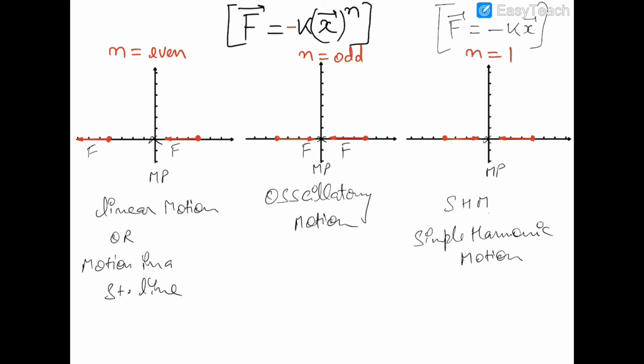Now let us move further to the equation that represents a simple harmonic motion. I would also be explaining why this motion is called simple harmonic. What is simple and what is harmonic?